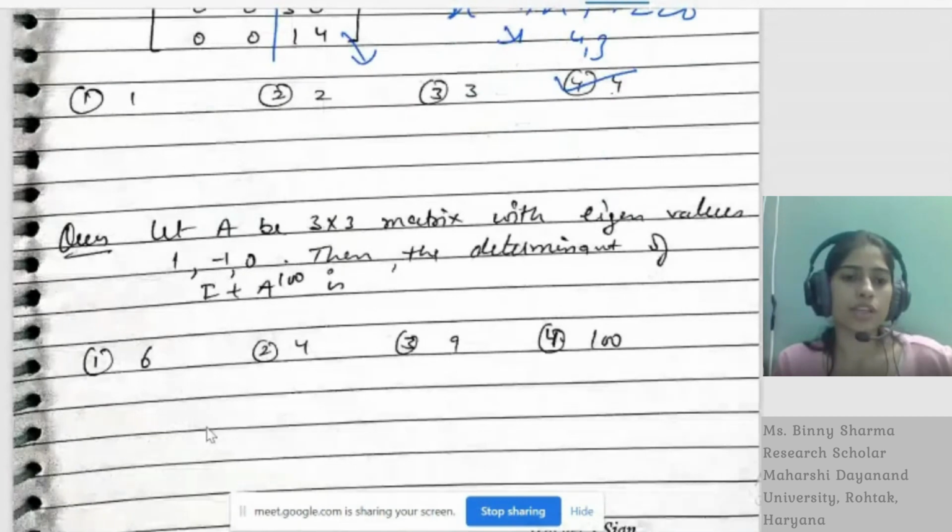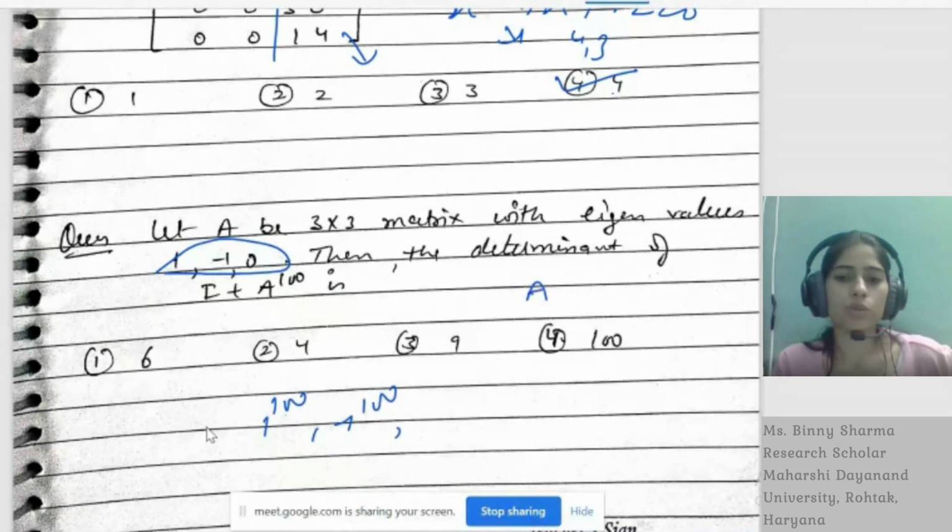The next question, let A be a 3 cross 3 matrix with eigenvalues 1, minus 1, 0, then find the determinant of I plus A to the power 100. So just find the eigenvalue of A raised to power n, which is lambda raised to power n.